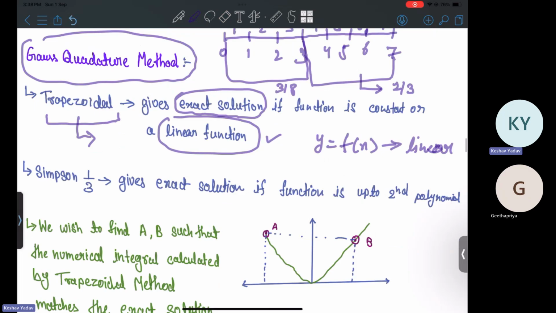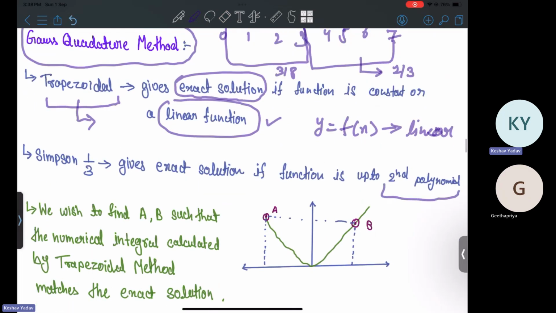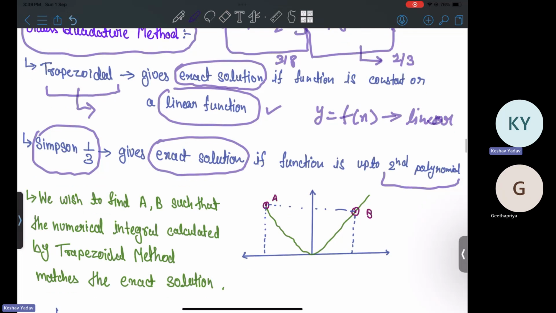Similarly, if I have a second order polynomial and go for Simpson 1/3 rule, that will give me an exact solution. If f(x) is a third order polynomial and I go for Simpson 3/8 rule, that will give me the exact solution, meaning the exact integral value that I would get analytically, if an analytical solution is possible.